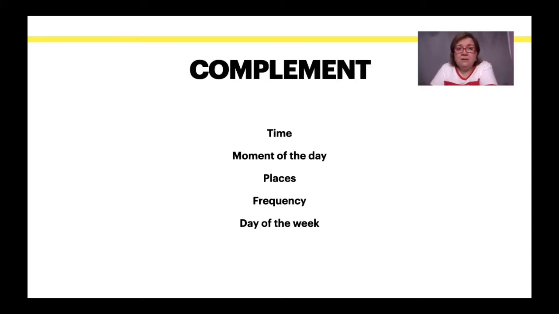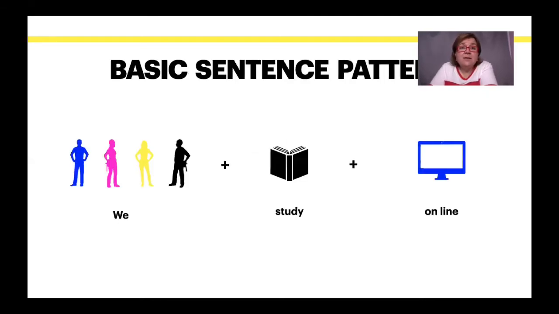Maybe you can mention the time, the moment of the day, the places, the frequency, the date of the week when the action happens. Okay, the basic sentence pattern for a plural, maybe in this case, is we study online. We have the three basic elements: we as a pronoun, study as a verb, and online as the extra information.